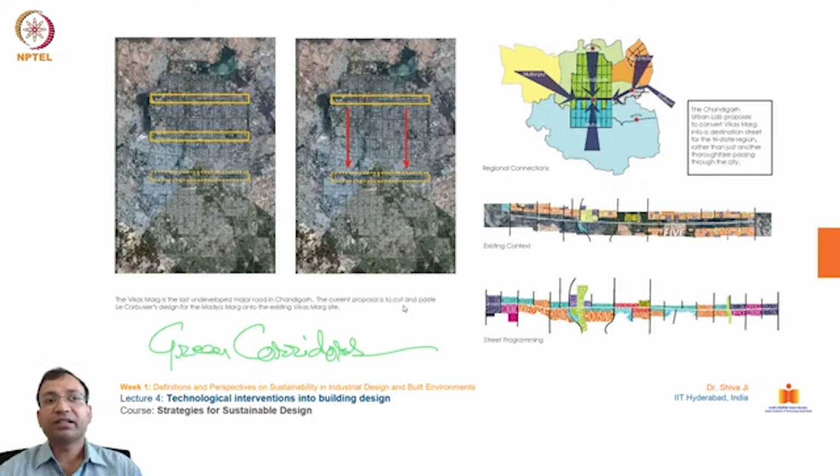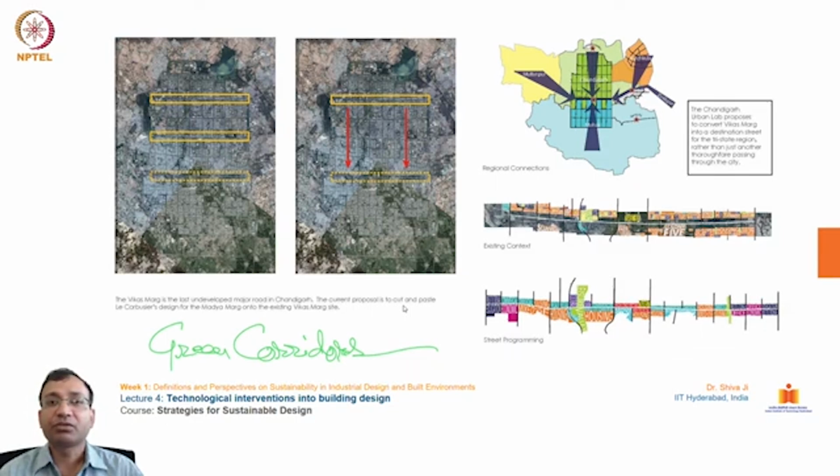In this slide you can see a satellite map of the city of Chandigarh in India. Chandigarh is very well known for its grid layout of the different sectors, its orthogonal planning and vehicular movement, and all of these massive-scale buildings which Le Corbusier designed in the 1950s and 60s.